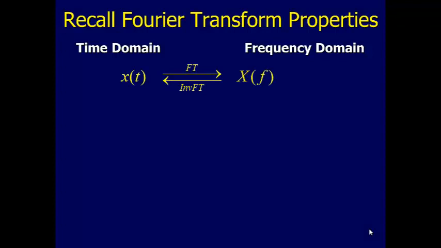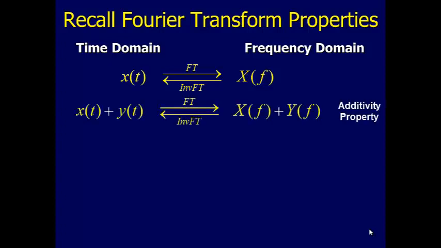Okay. A little review first. If I have x of t as a time function, we call its continuous time Fourier transform X of f, little f. We know that if x of t produces X of f and y of t's Fourier transform is Y of f, if I put in a signal that looks like the sum of x of t and y of t, and run that combination through the Fourier transform, their transforms should also add.